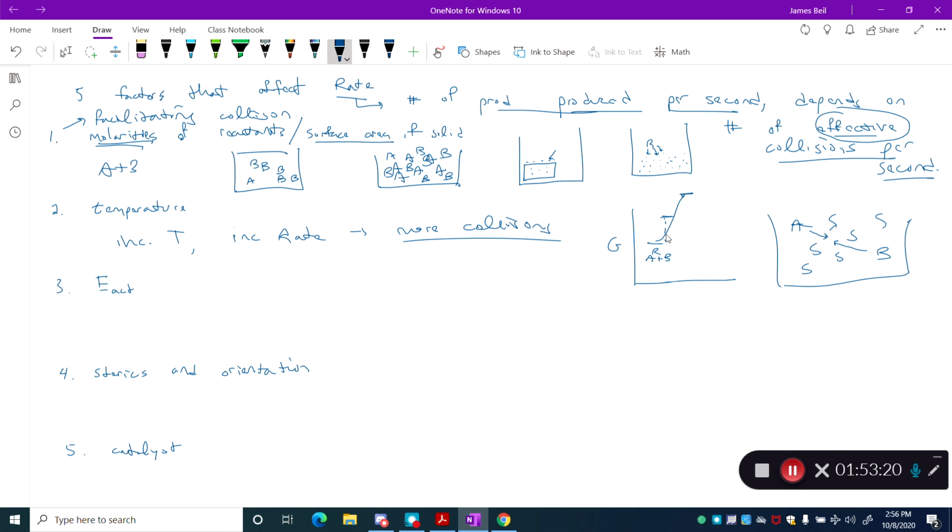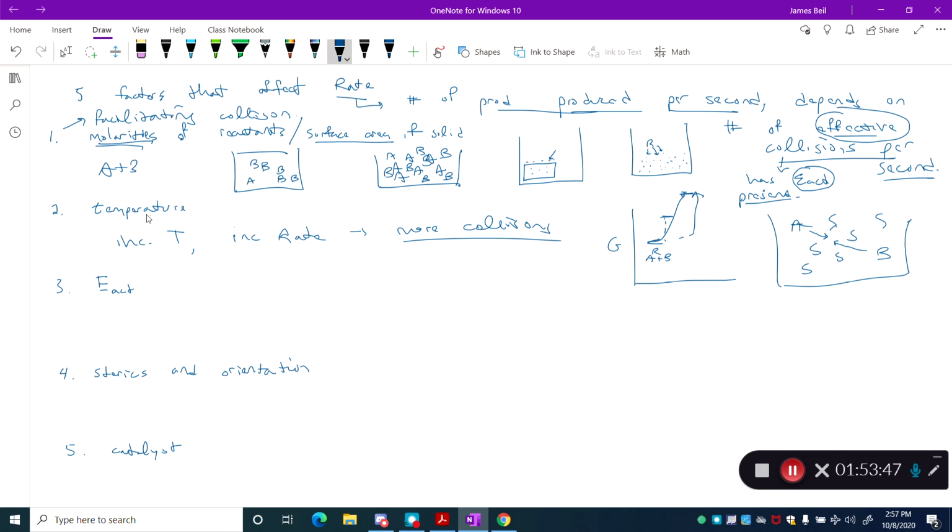So effective collisions have to have enough energy to get from the reactant to the transition state. An effective collision has the activation energy present. It's colliding with enough force, enough kinetic energy to provide the activation energy to get all the way up to the transition state. And if it doesn't, it's not effective and it won't produce products.